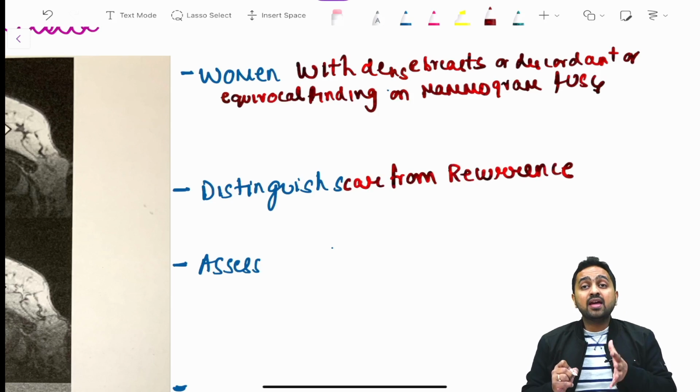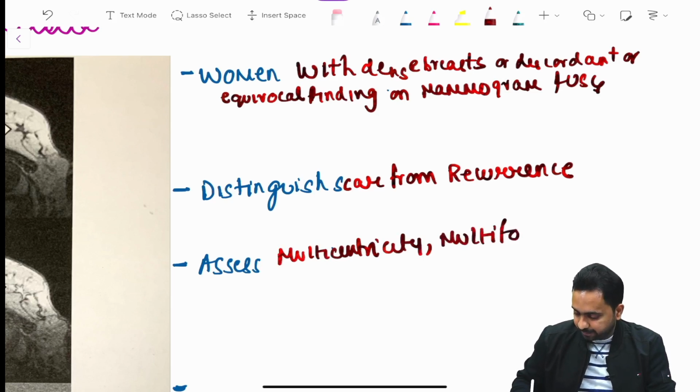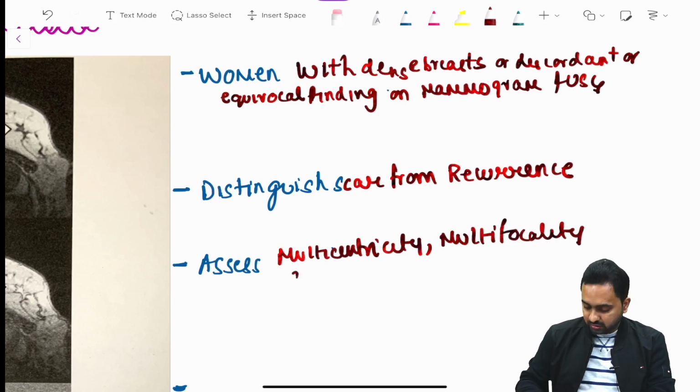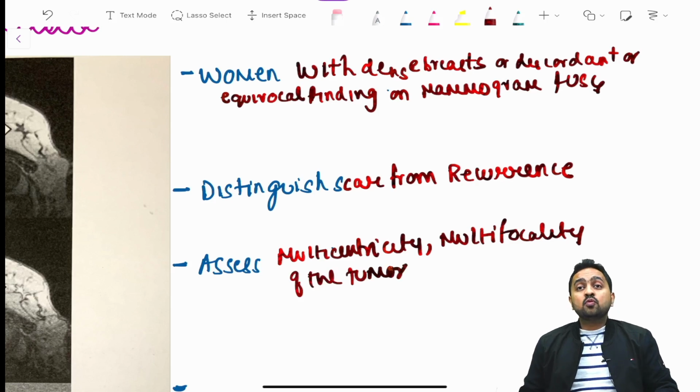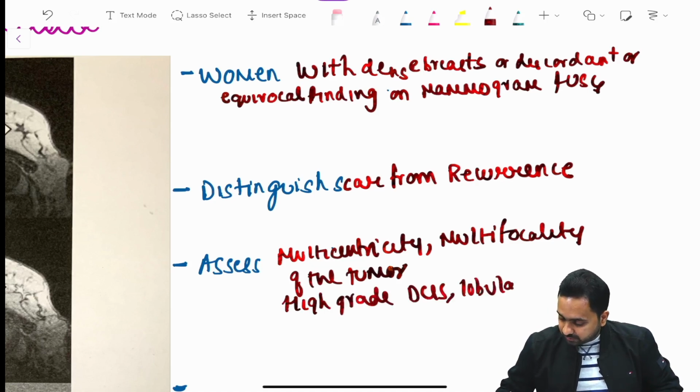Then your MRI has a role in assessing the multicentricity, multifocality of the tumor, right. So MRI has a role in assessing your multicentricity and the multifocality of the tumor, and in your high grade DCIS and lobular cancer.